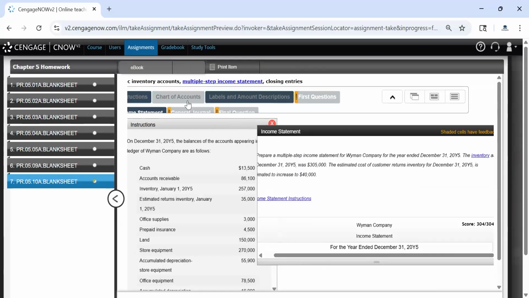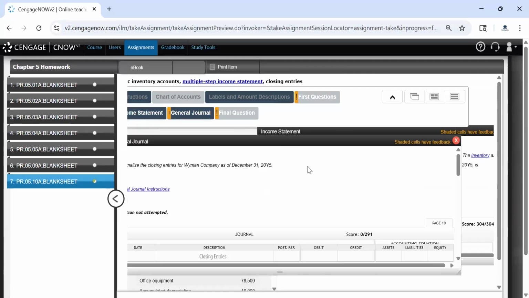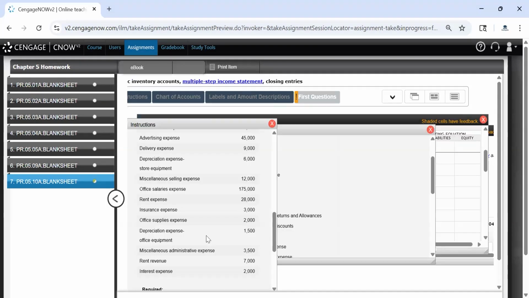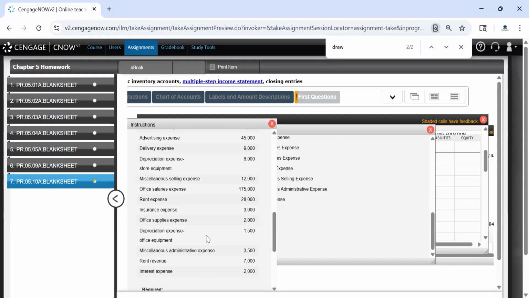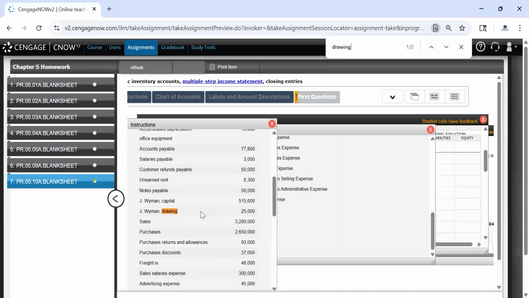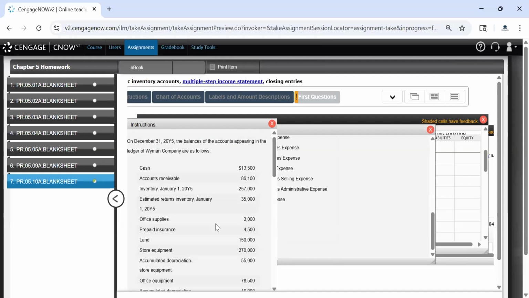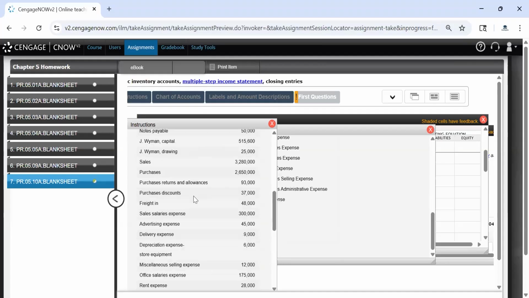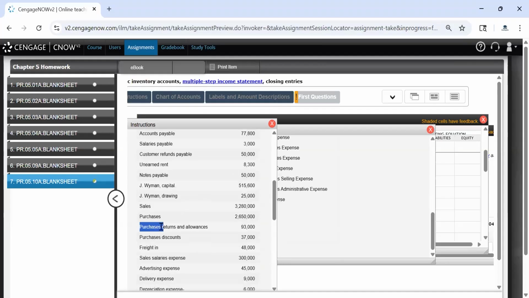Perfect. Now it's time for us to do our closing entries. We do have a drawing account. So we're going to have our net income closing entry and our drawing closing entry. Also, under the periodic inventory system, our cost of goods sold accounts: purchases, purchase returns and allowances, discounts, freight in.